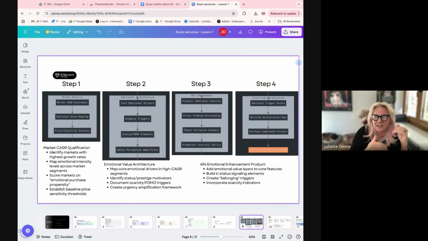Then basically we're looking at how likely that section and area of the market is to buy. So we're looking at the emotional intensity of that segment.